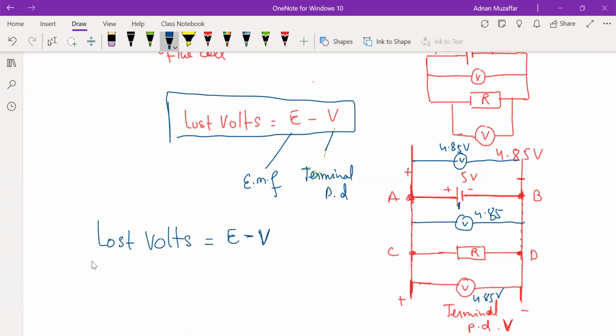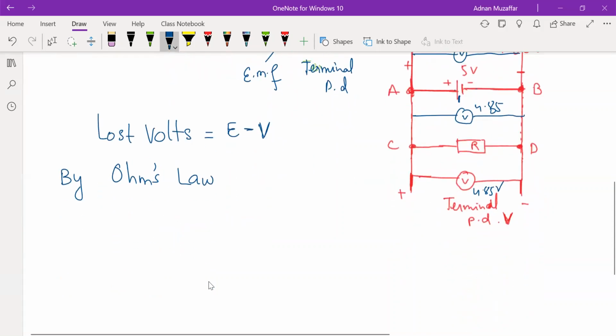Now by Ohm's law, can I write like this? Whatever the volts, whether lost volts or gained volts, volts can be equal to current multiplied by resistance. So what is the resistance due to which volts were lost?